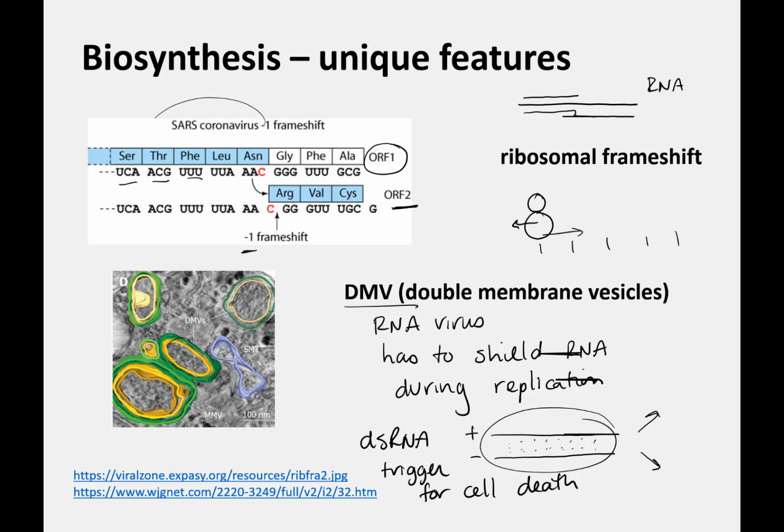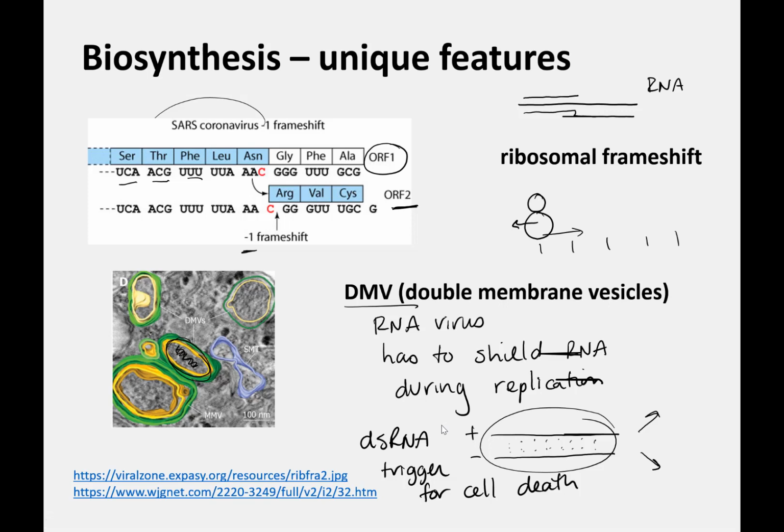So viruses have hijacked membranes, and they hide in here during their replication so that the double-stranded RNA isn't noticed by the cell. And we'll talk about this more when we talk about general cell responses to viruses.